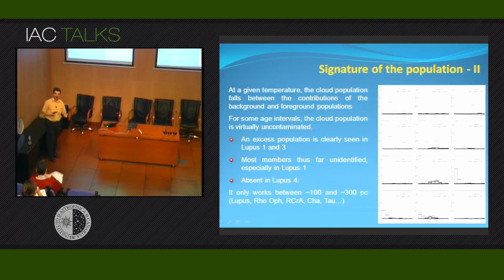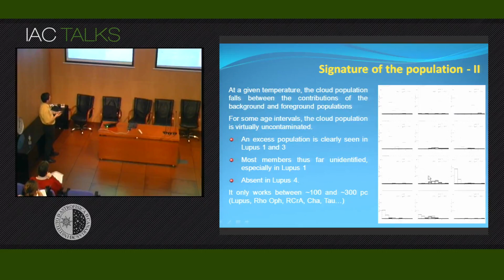We have, in our histograms, something that we cannot explain purely in terms of a foreground and a background population, something that must be intrinsic to the clouds that is not taken into account in our modeling of the foreground and background. I should say that we are fortunate that we can do that with the Lupus clouds, because they lie at the right distance.